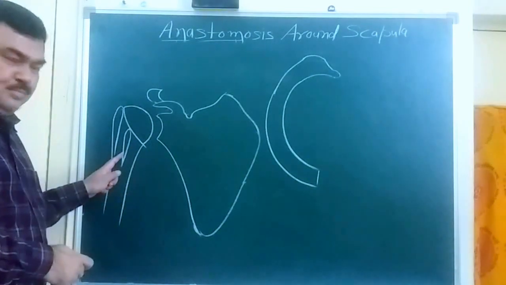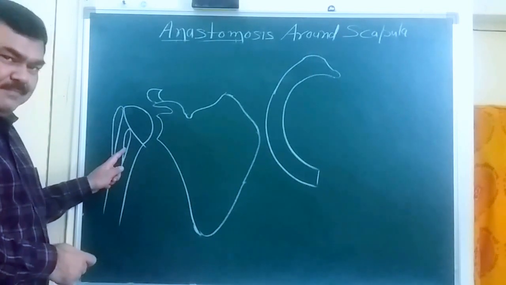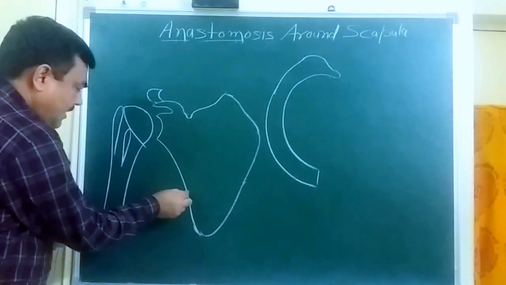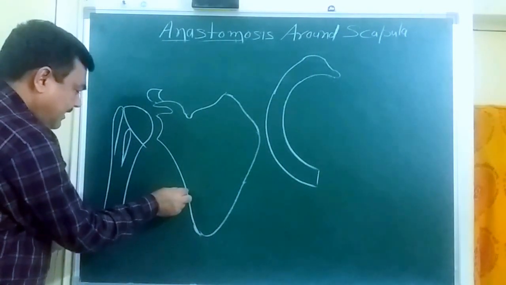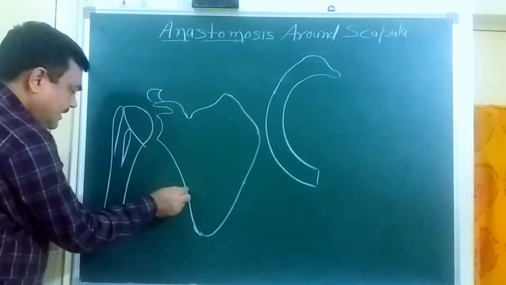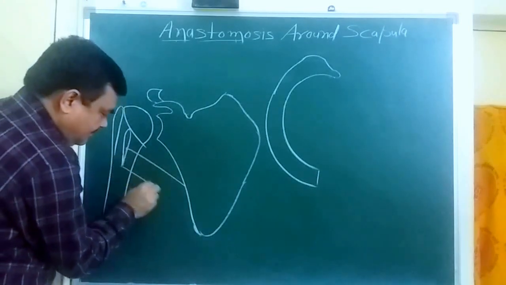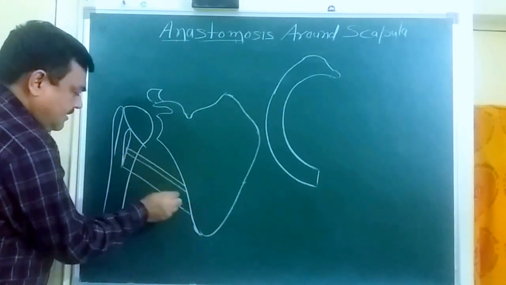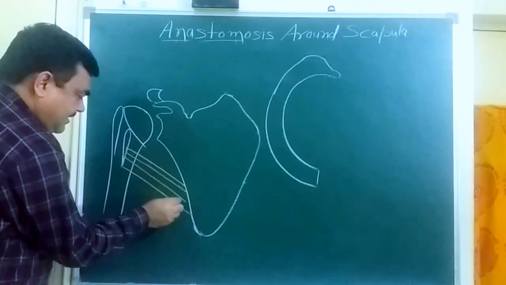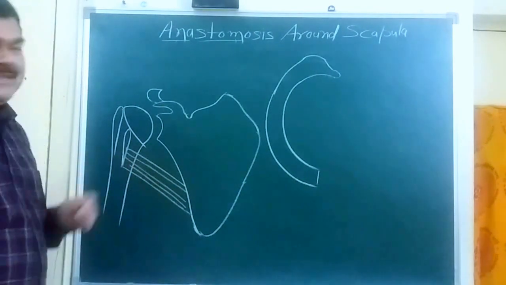This is the bicipital groove. Here is the inner lip of the bicipital groove, and from the lower part of the lateral border of the scapula, a muscle is attached. This muscle is teres major.